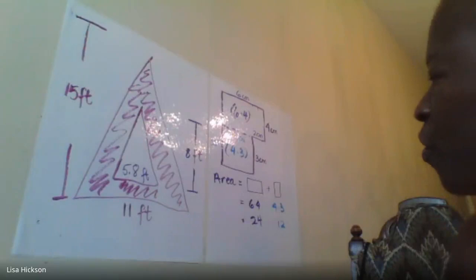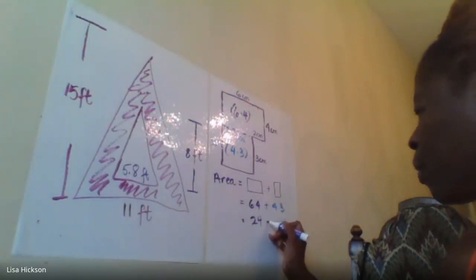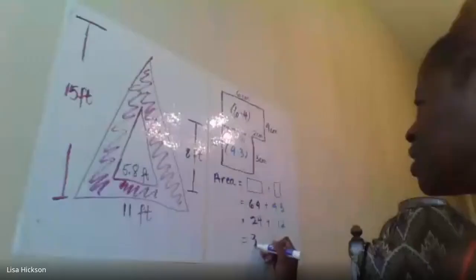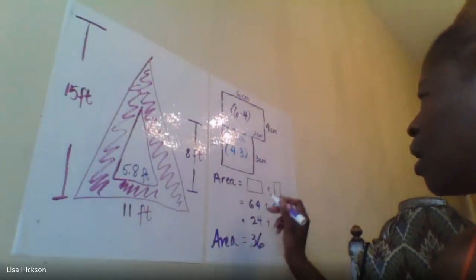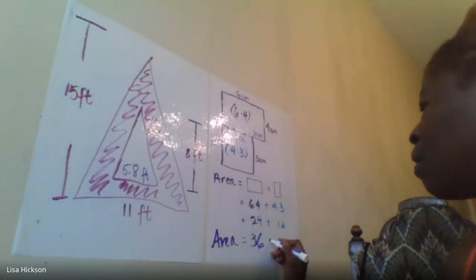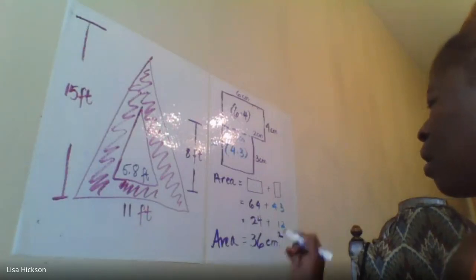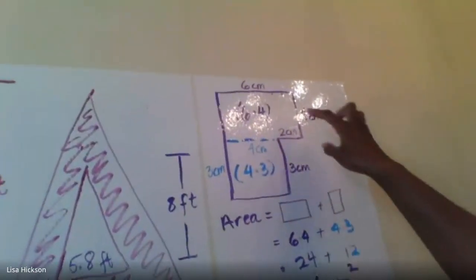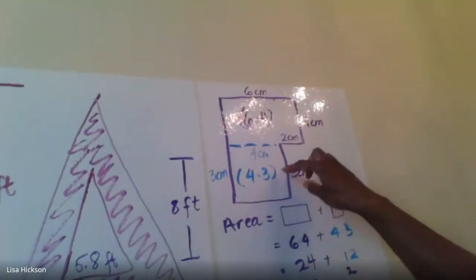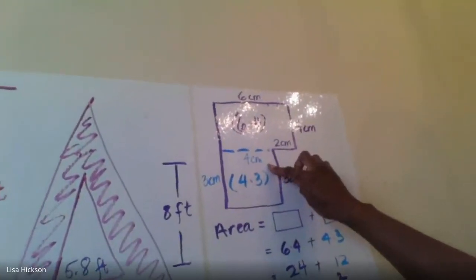Say it again. 24 plus 12. 36. What's the unit of measure? 36 centimeters squared.